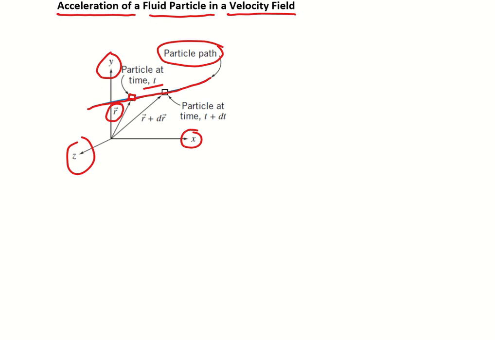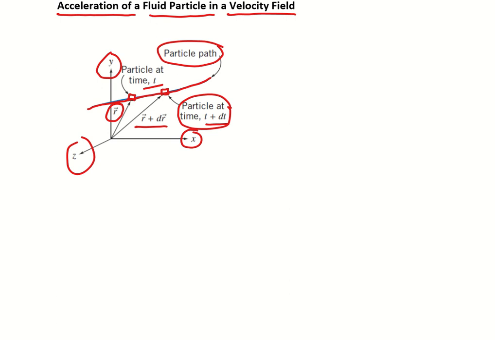After time delta t, meaning t plus delta t is the time right now, this particle has moved from this location to this location, and whose position vector is represented by r vector plus dr vector. Right. So keep this figure in mind.